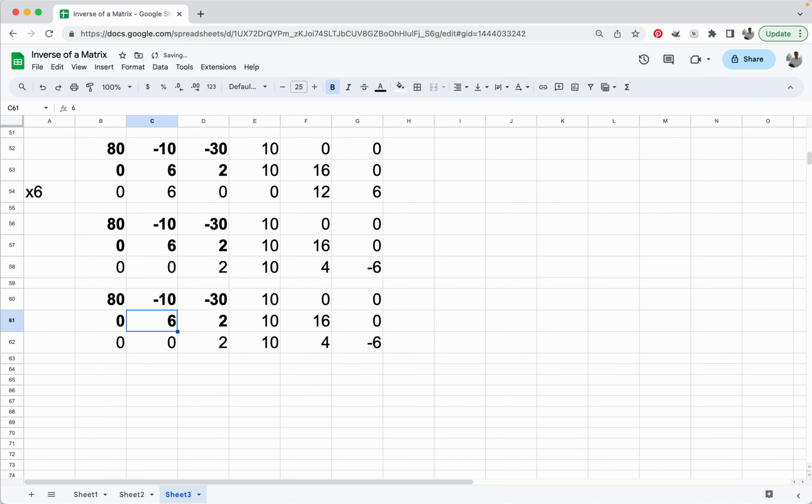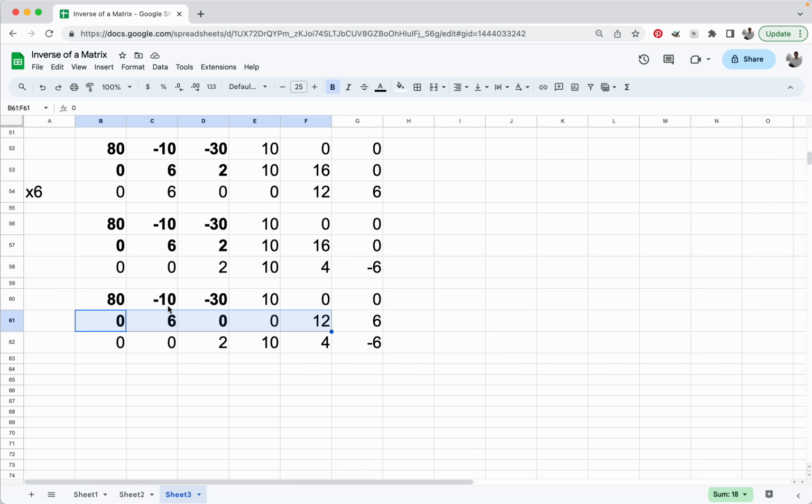Now I'll subtract row 2 and row 3. 0 minus 0 is 0, 6 minus 0 is 6, 2 minus 2 is 0, 10 minus 10 is 0, 16 minus 4 is 12, 0 minus of minus 6 is plus 6. Alright, now should I divide the second row by 6? Maybe at a later point I'll do.